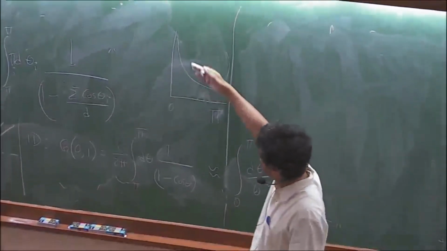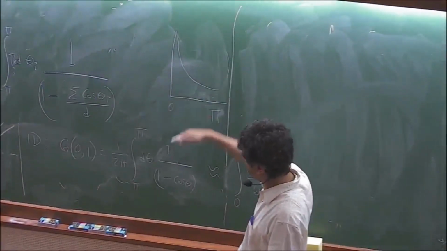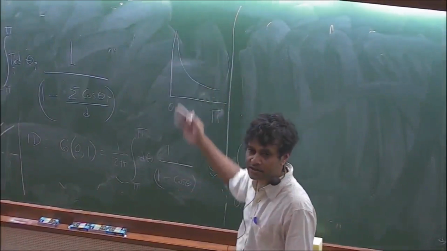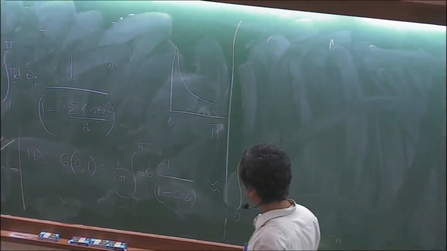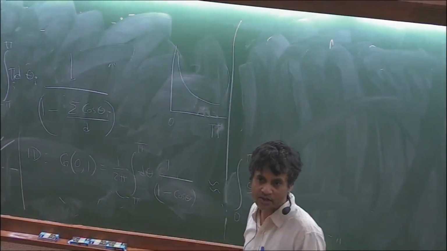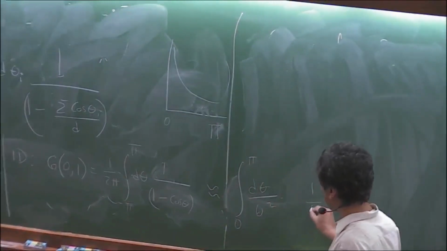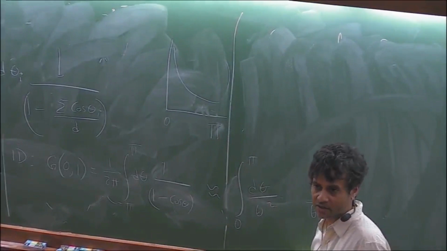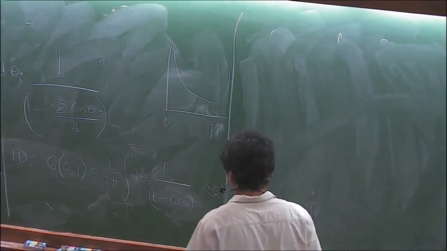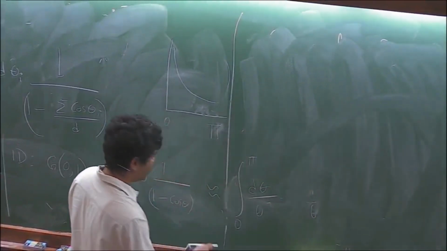Just the integrand diverging doesn't mean the integral will diverge, but if it is 1 by theta square, it's definitely going to diverge, because when you integrate you get 1 over theta, and that diverges at 0. So therefore this is clearly infinite.